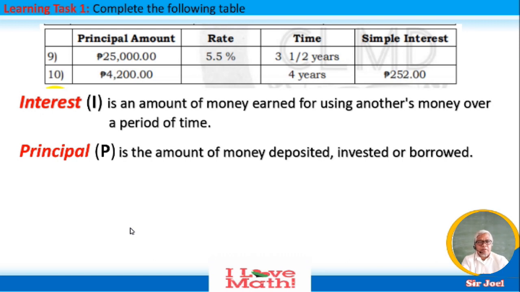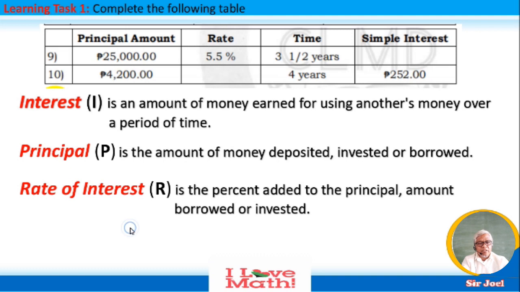Okay? Rate of interest R is the percent added to the principal amount borrowed or invested. Yun, yung usapan ng rate of interest, dun tayo maapektuhan. Kung gaano kalaki ang rate na ipapatong dun sa principal amount.